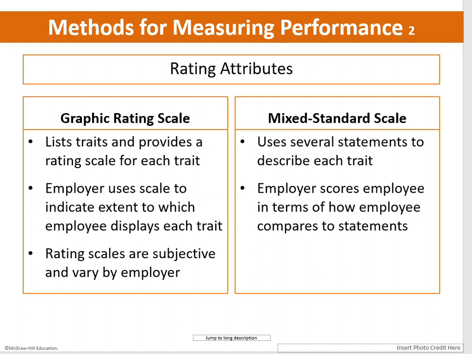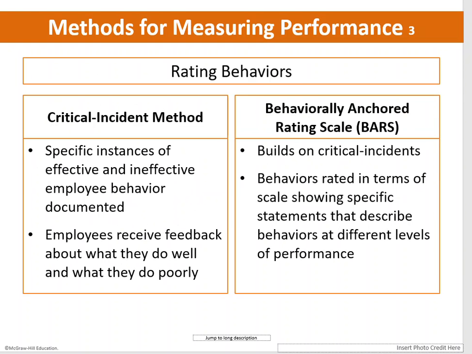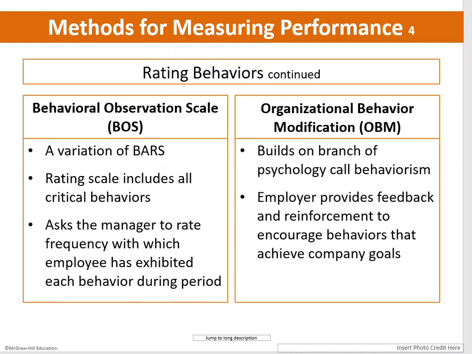And the book goes through the graphic rating scale, the mixed standard scale, rating behaviors, critical incident method, the behavioral anchored rating scale, BARS, the behavior observation scale, the organizational behavior modification.